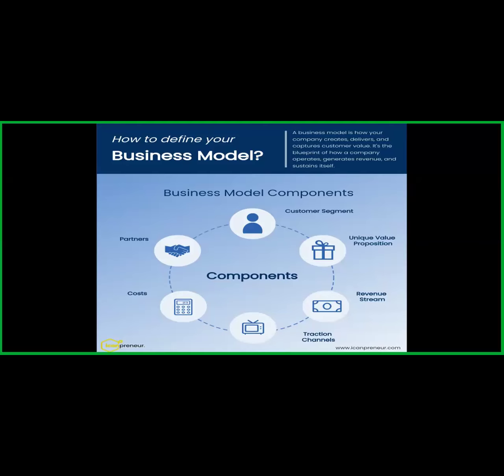First one is your cost. How much cost you will be investing, or how much capital you will be investing in starting a new initiative, a new business, a new company.